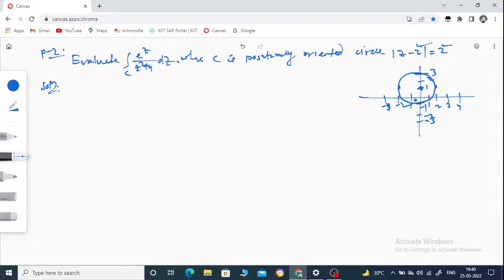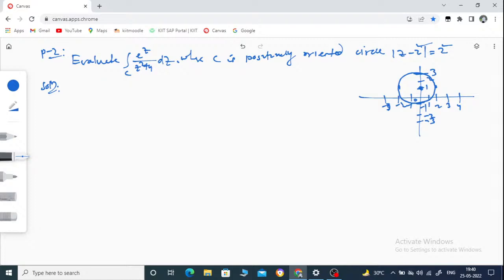And you know the partial fractions. So by using partial fractions, you can write this as 1 by z minus 2i minus 1 by z plus 2i. If you write this, then there will be a 4i in the numerator, and after dividing that you will get this.